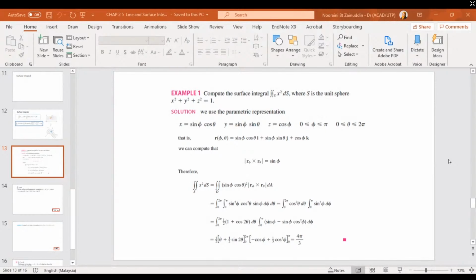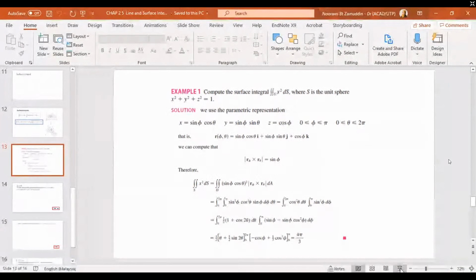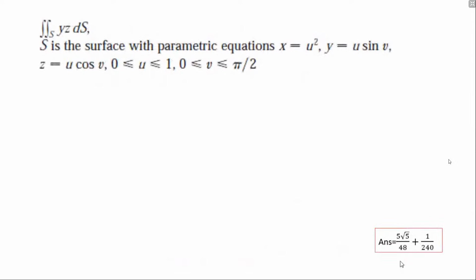Okay, now we have this second example here. Double integral of x y z with respect to the surface. Here the surface is given by parametric equations. If the question already mentions the parametric equations, you just straight away use them.